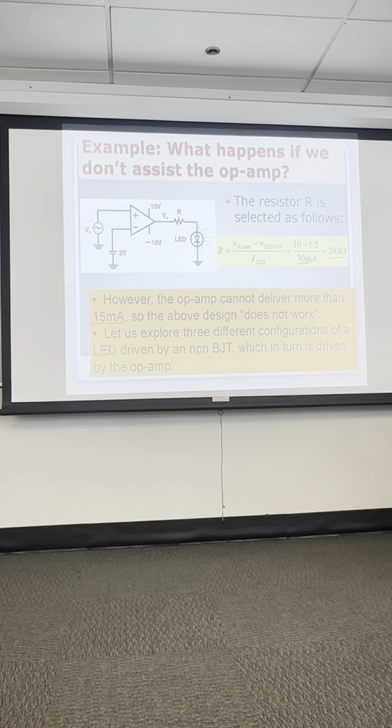So if we keep the op amp, we want to put something in between the LED and the op amp, and this is called a current driver. We need a device that can deliver extra current to the LED without requiring more current from the op amp.